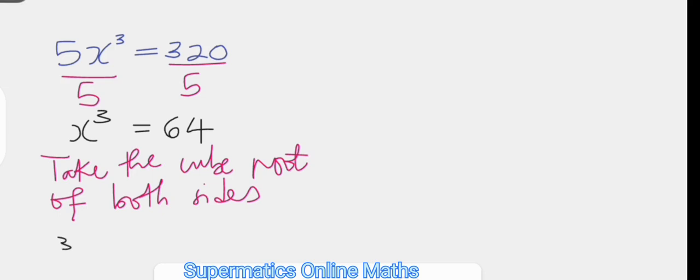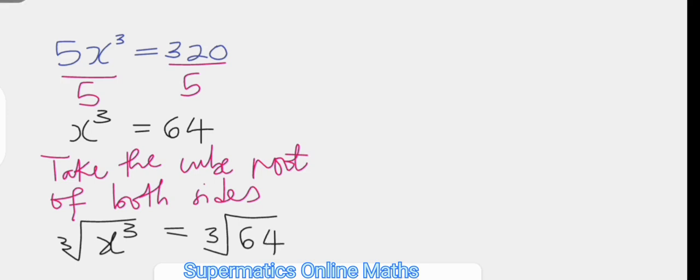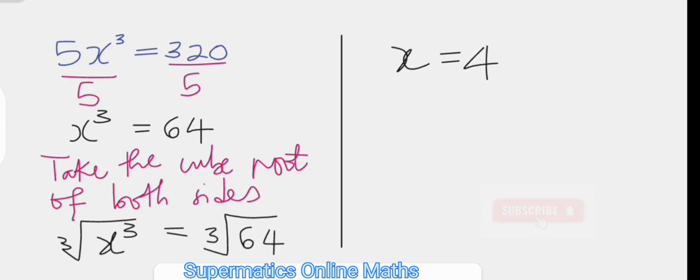That is the cube root of x to the third power and the cube root of 64, which is on the right hand side. The cube root of x cubed, being opposite, cancels out to give us x equals 4, which is the cube root of 64.